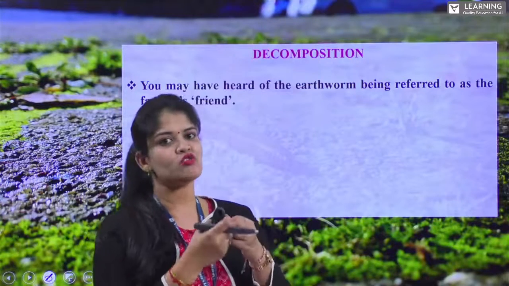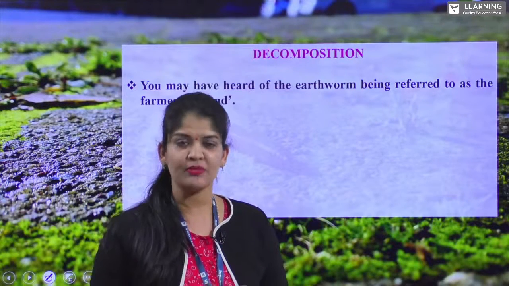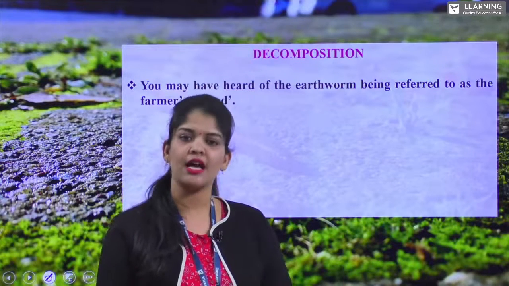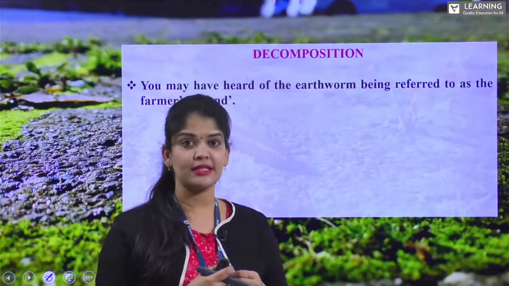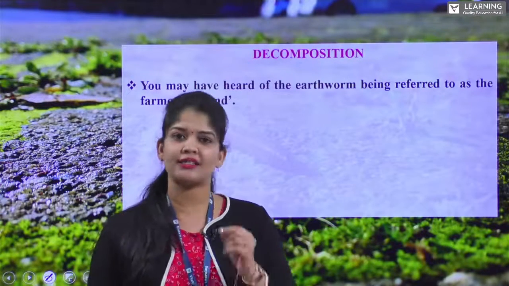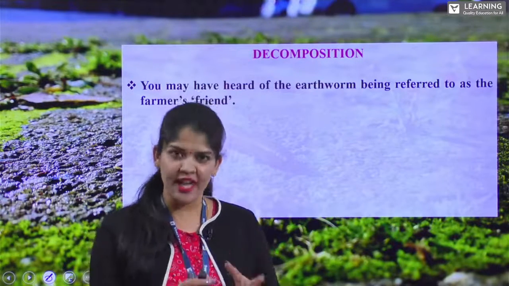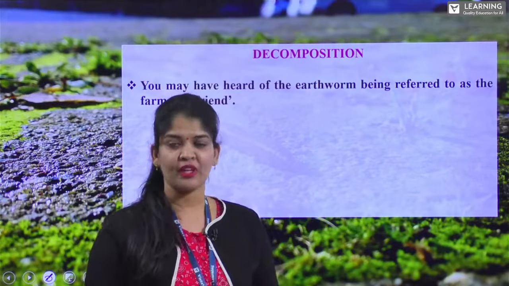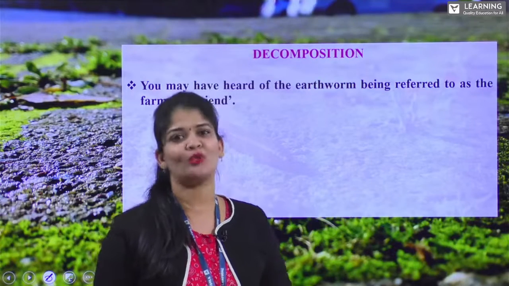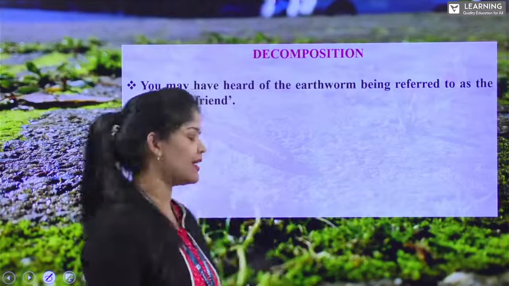The structural components are biotic components and abiotic components. We also discussed the functions performed by the ecosystem as a unit, like productivity, decomposition, nutrient cycling, as well as the flow of energy, what we call energy flow.